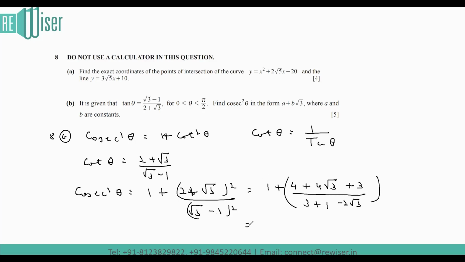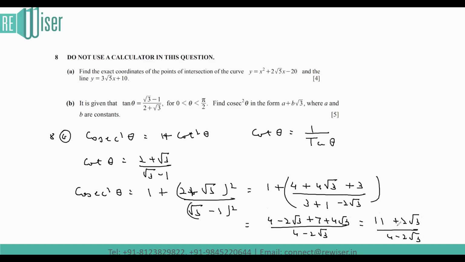Now if I take an LCM, the denominator is 4 minus 2 root 3, and the numerator becomes 4 minus 2 root 3 plus 7 plus 4 root 3. So the value that I got is 11 plus 2 root 3 over 4 minus 2 root 3.